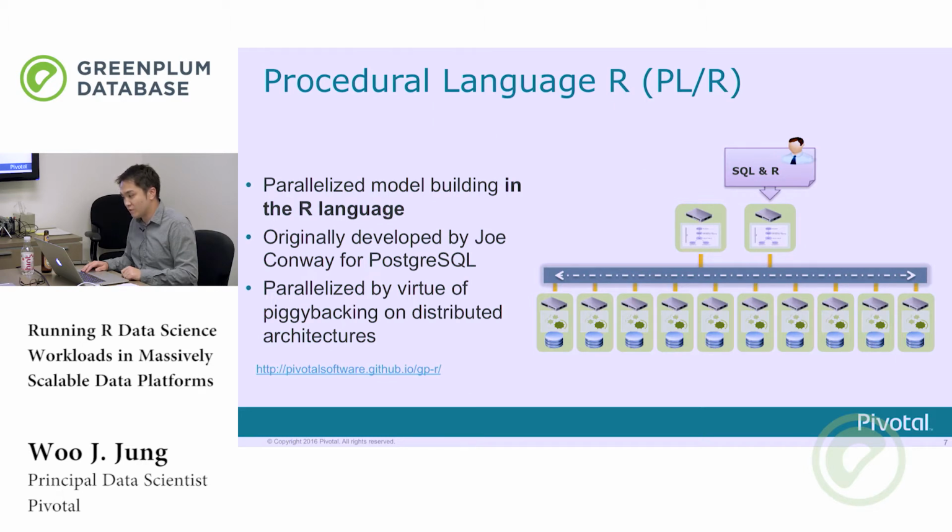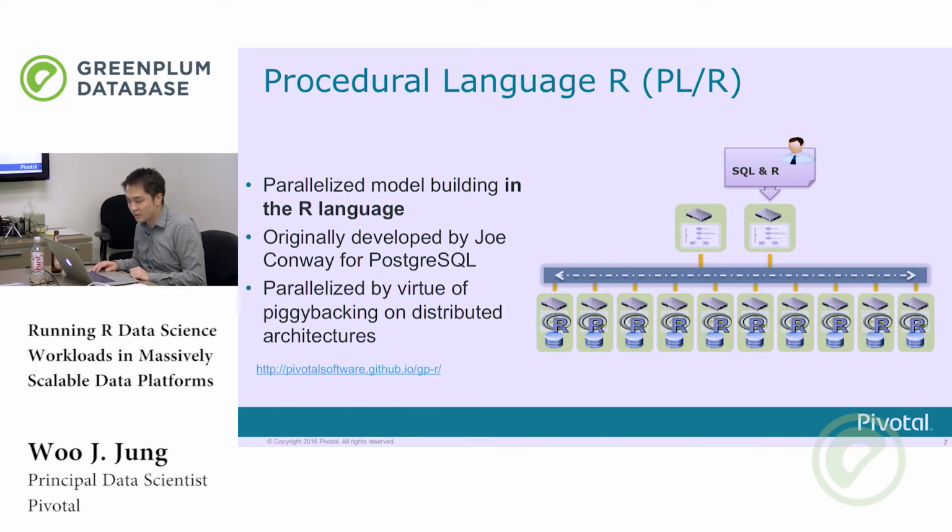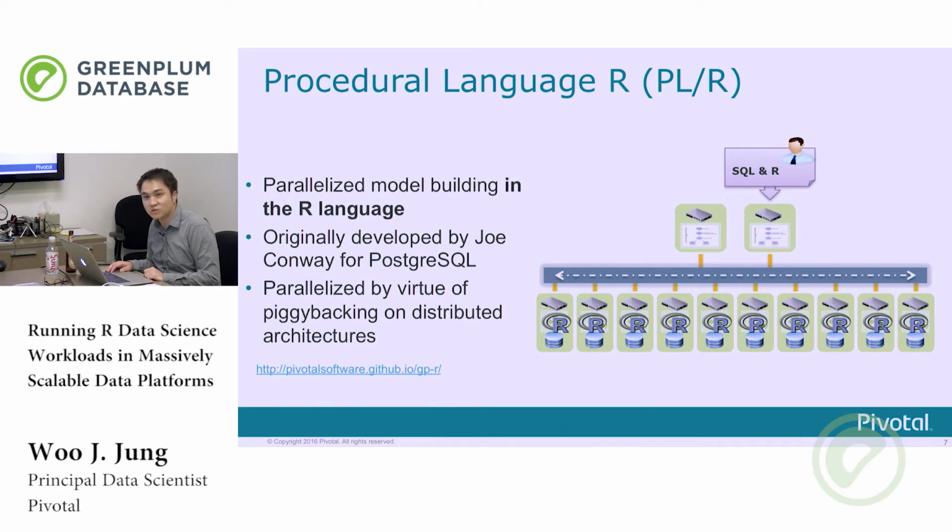Now, in the world of Postgres, this would not be parallelized. You'd still have R code embedded inside of SQL, but it would be on a single node Postgres machine. What's interesting for PL/R in the context of using it on Greenplum is that you can then parallelize it by the nature of Greenplum's MPP architecture, right?